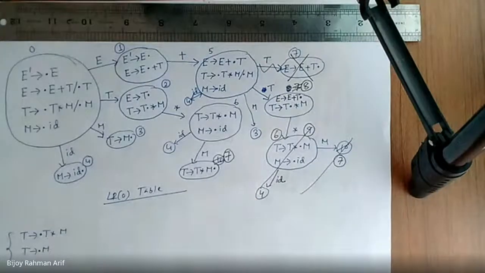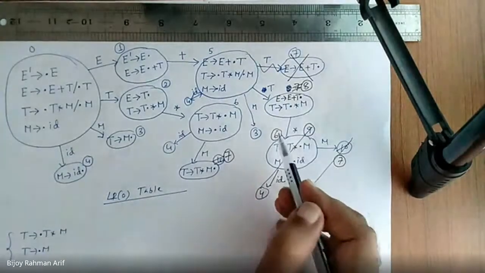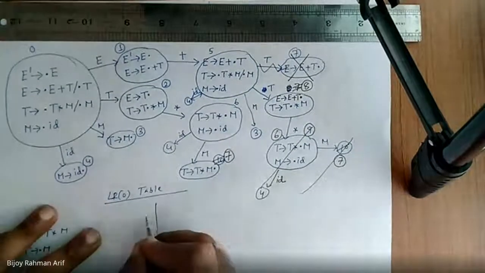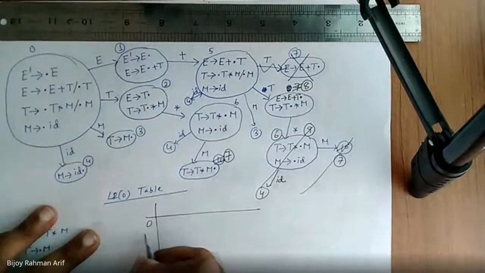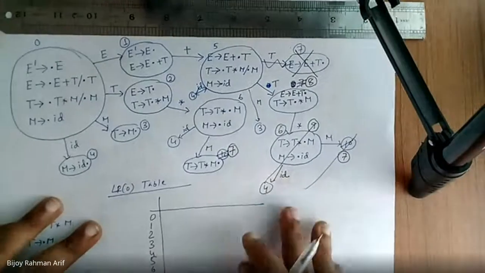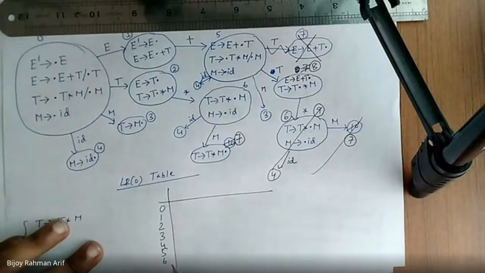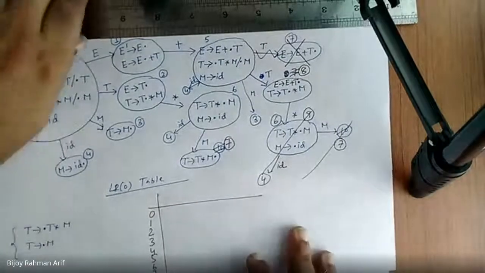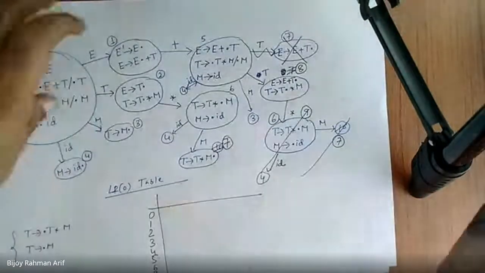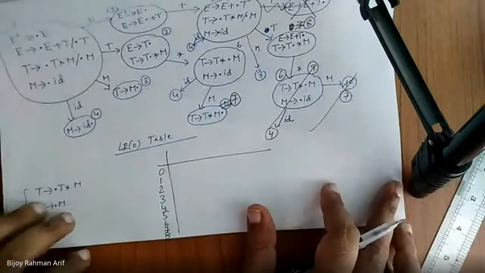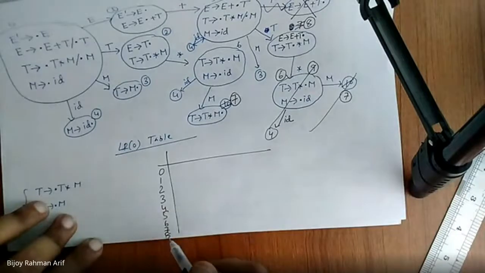This one is 6. Okay, so on star, we are going to 6. Very good. So let's draw the table. The table would be like this: 0, 1, 2, 3, 4, 5, 6, 7, 8.